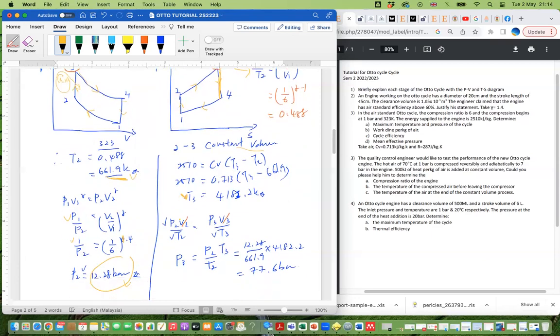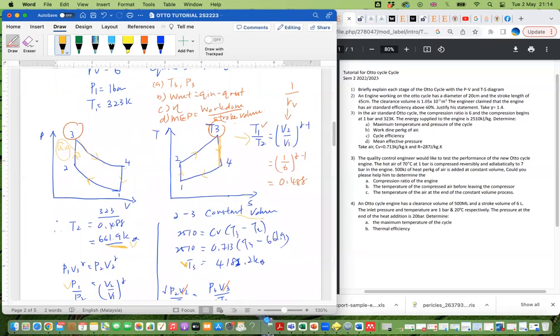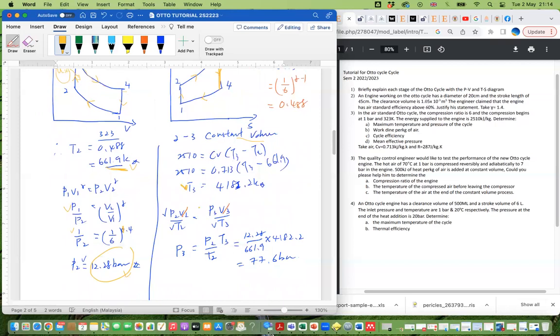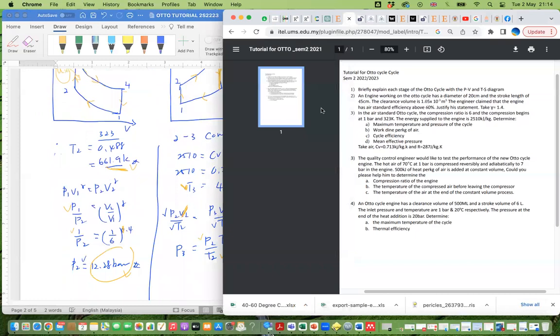We know this is constant volume from 2 to 3, so we use the perfect gas equation and we can cancel the V. Then we have P3 equals P2 over T2 times T3. Since we have P2, T3 and T2, we're able to find our P3, and therefore the first part is achieved.